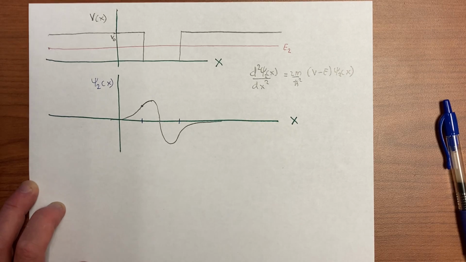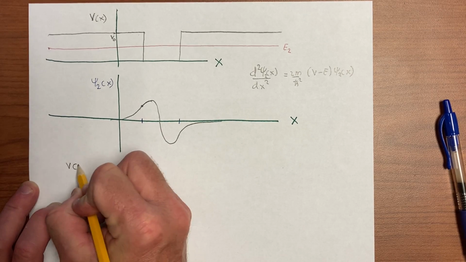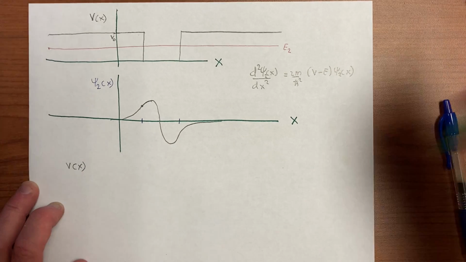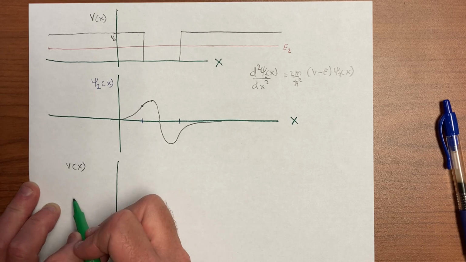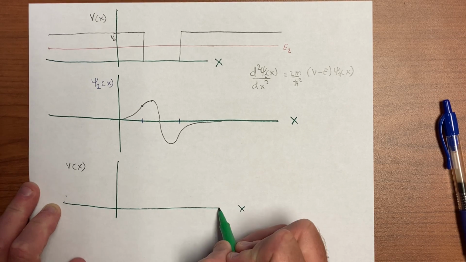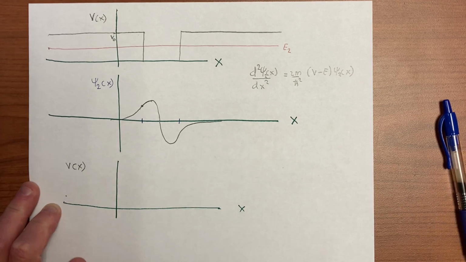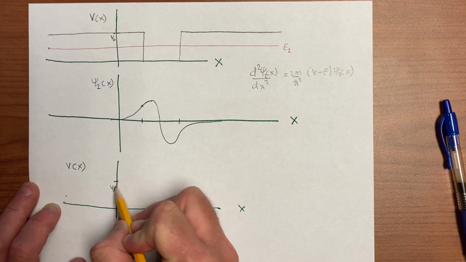Now let's change the potential. Let's say that we have a potential which is a little different. Here is x, and this is V naught.